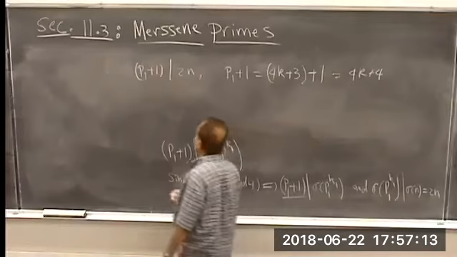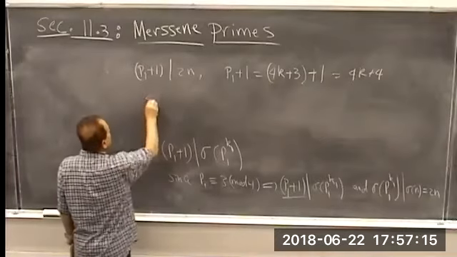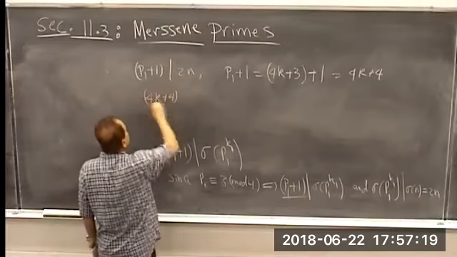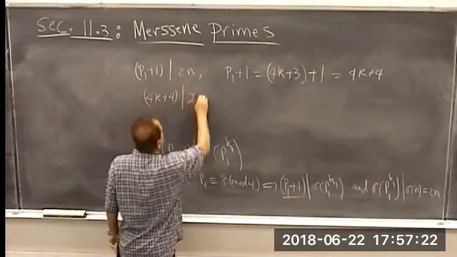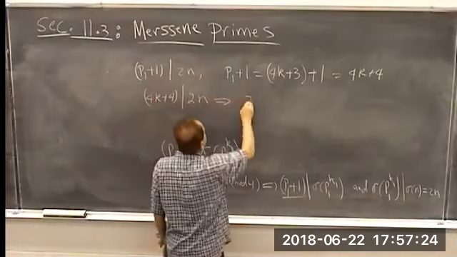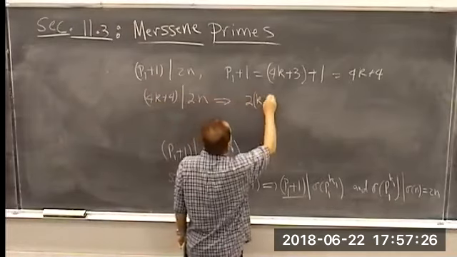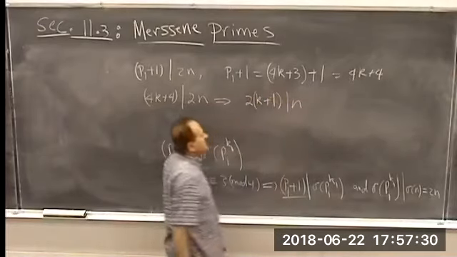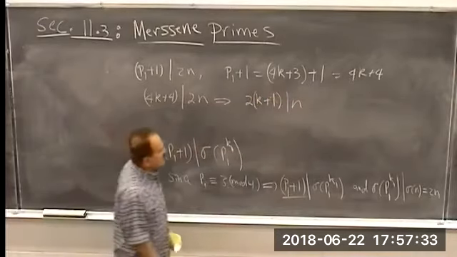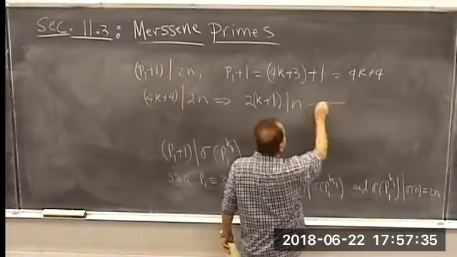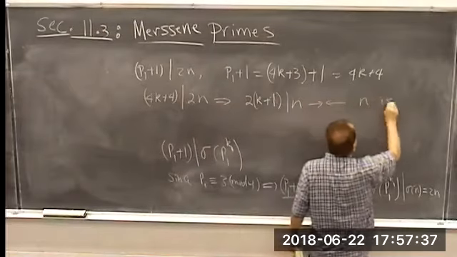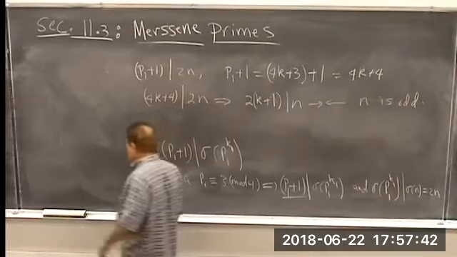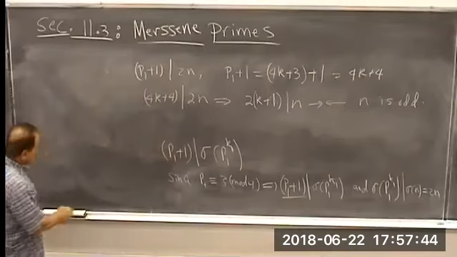So we have from here that 4k plus 4 divides 2n. And this in itself implies 2k plus 2 divides n, which is a contradiction because n is odd. So in other words, this will not be the correct form.